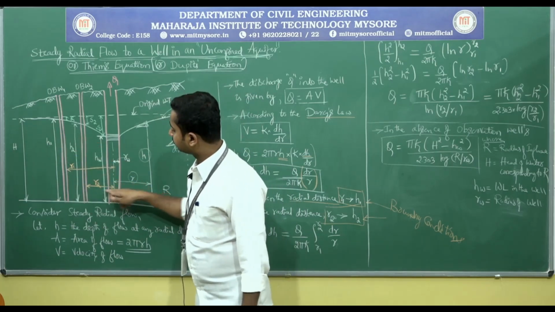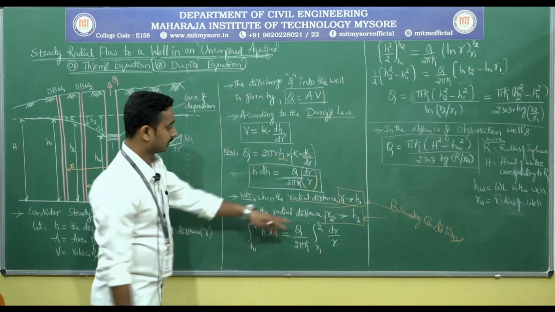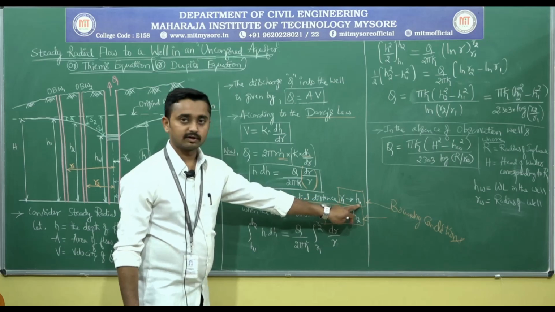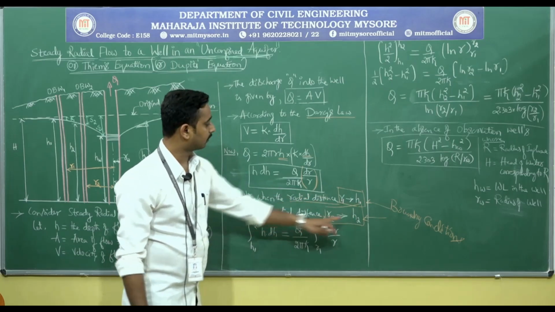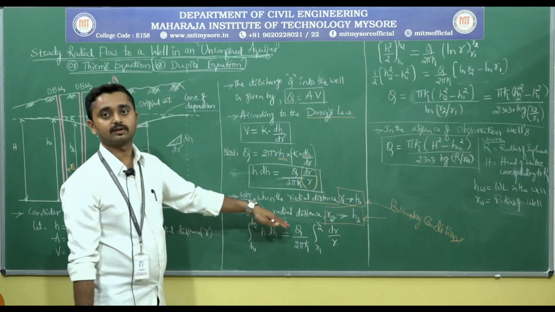So these are the boundary conditions. Similarly, when the radial distance is R2, the depth of flow is H2. Depth of flow H1 when radial distance R1, depth of flow H2 when radial distance R2. Just substitute here. These are the boundary conditions.